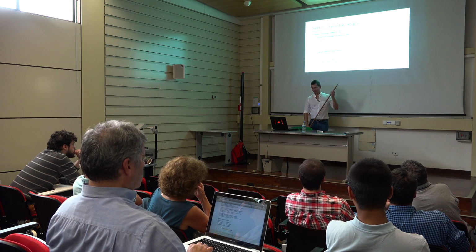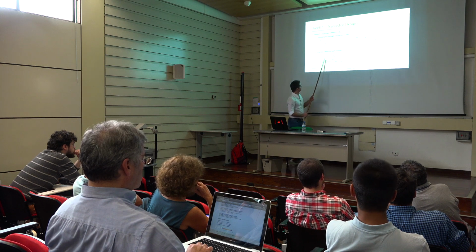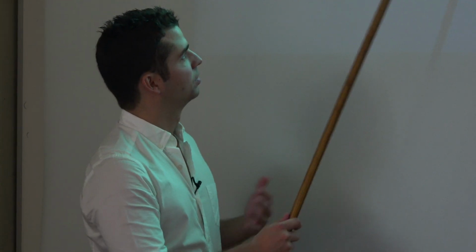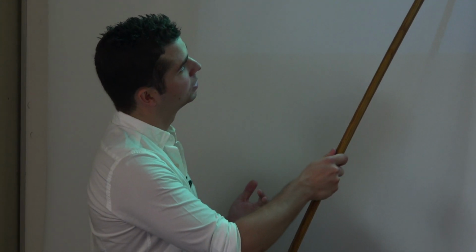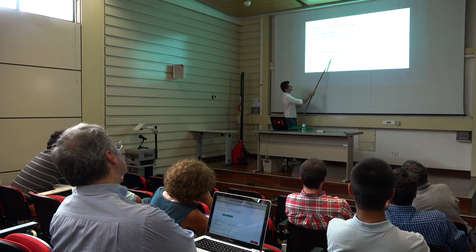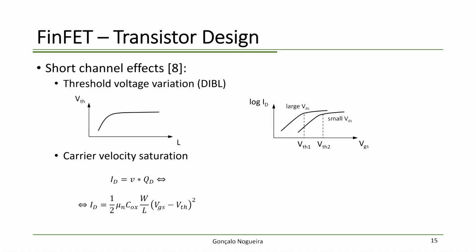So the idea is that usually you have this formula. This formula applies for all transistors, planar, FinFET, and the FDSOI, I believe. But you have this formula which is derived from the velocity of the carriers in the channel times the charge in the channel.